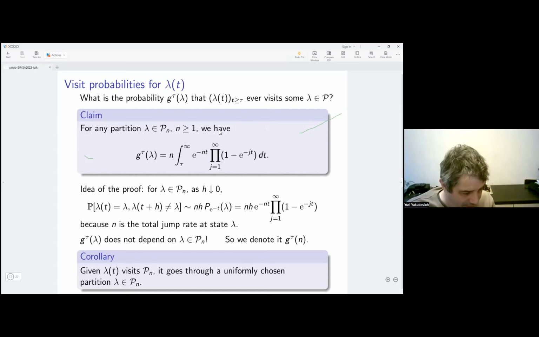Somehow it melts: some of the parts in this partition just disappear after a certain time, and so actually it goes over levels.